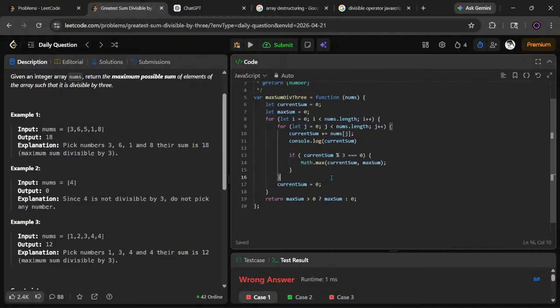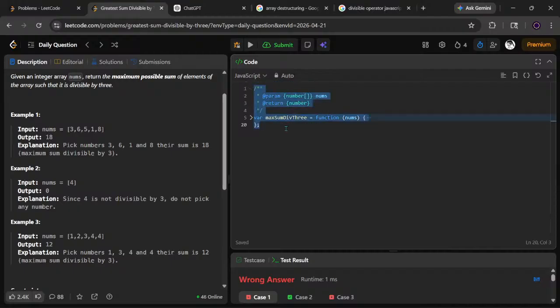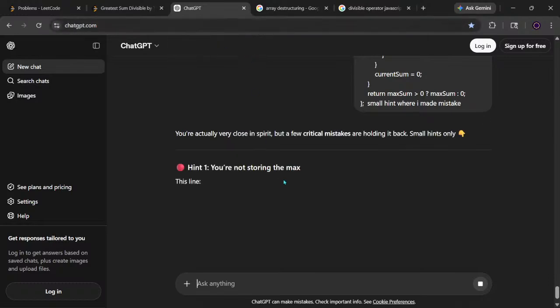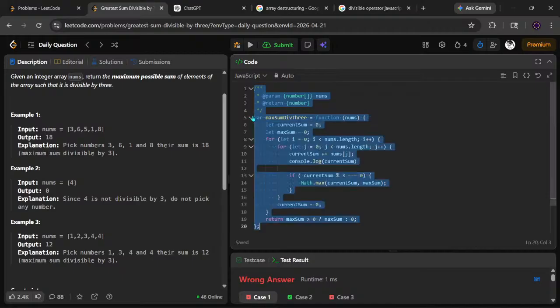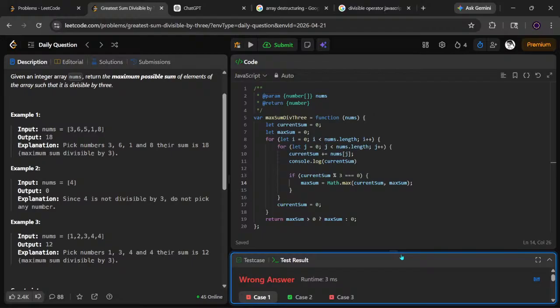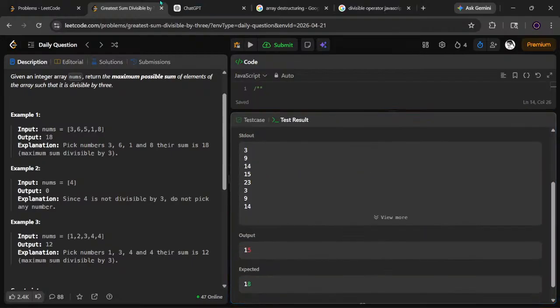Why do we not have it? But still there is no 18, bro.